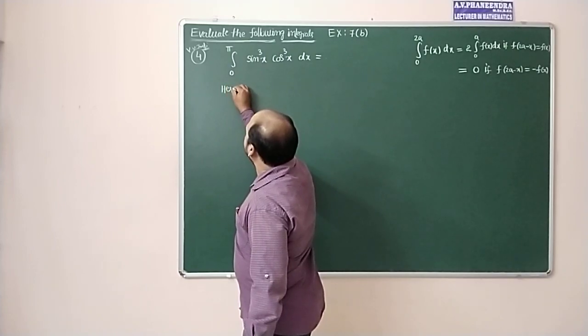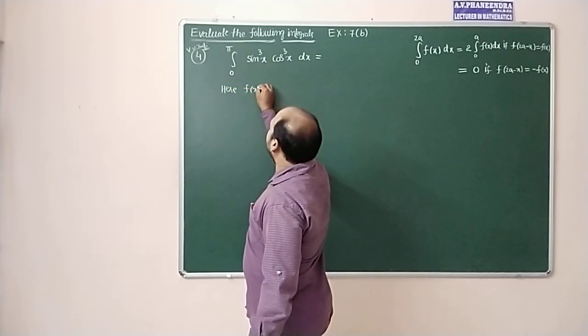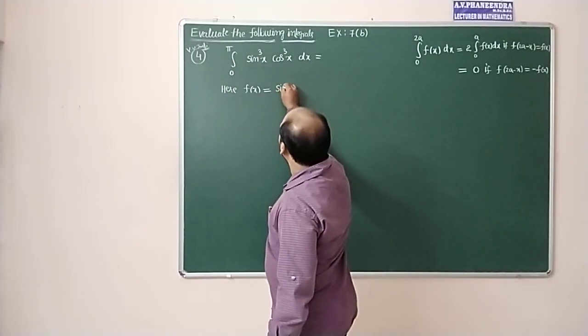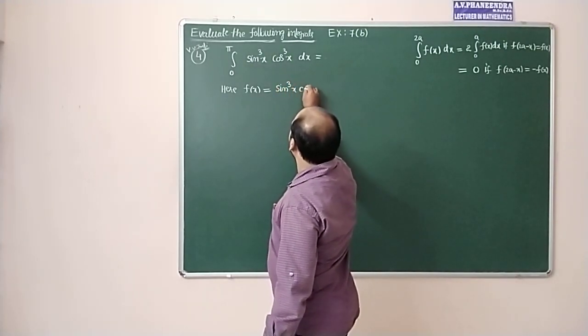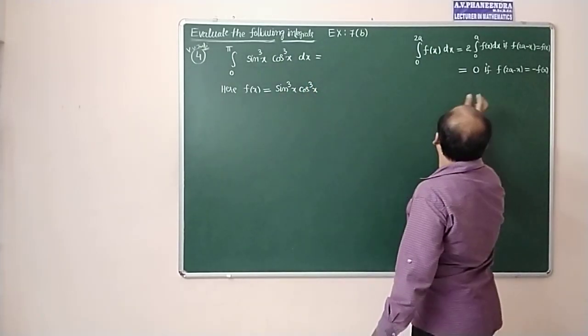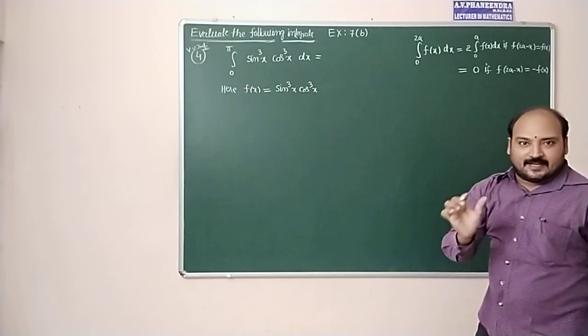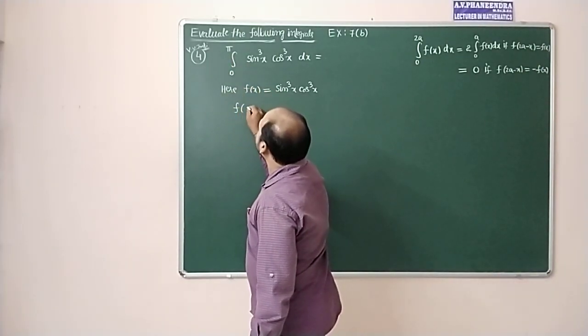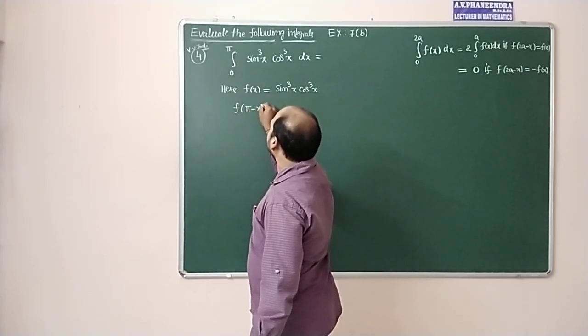See here, first f of x. What is the function here? This is the function: sin cube x into cos cube x. After writing the function, consider f of 2a minus x value. What is 2a here? Pi. F of 2a, that means f of pi minus x.